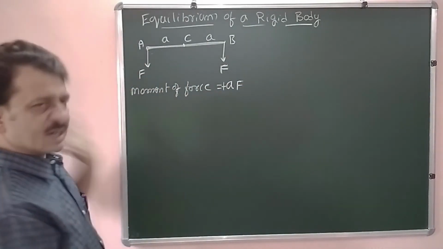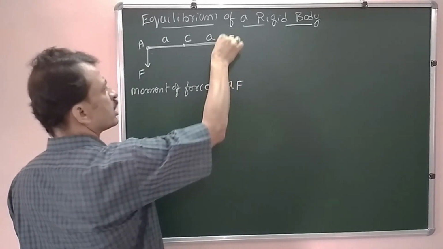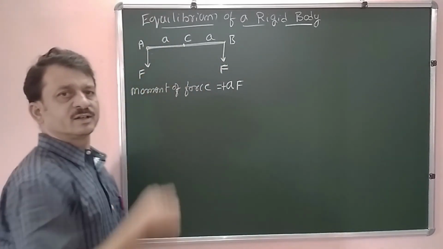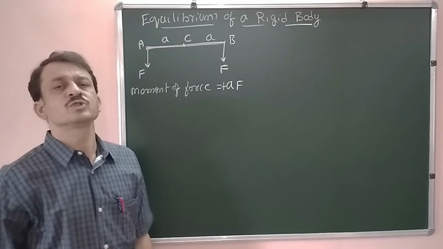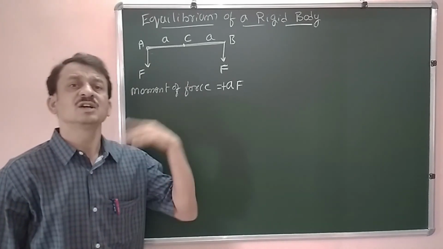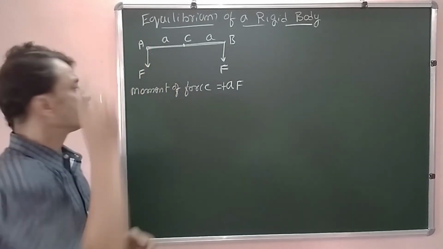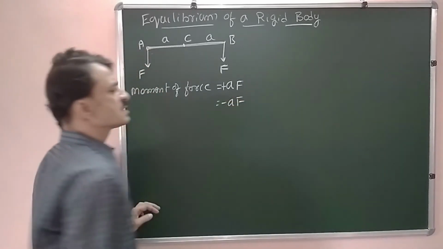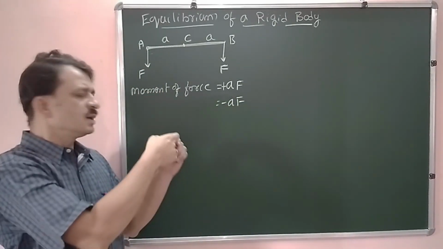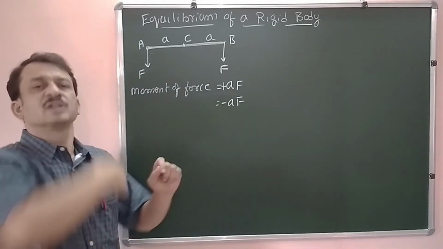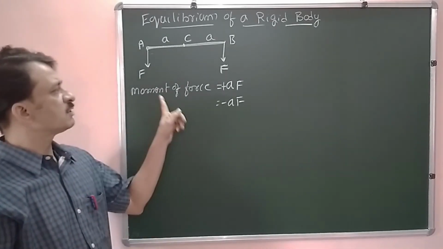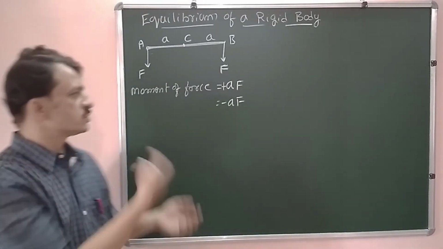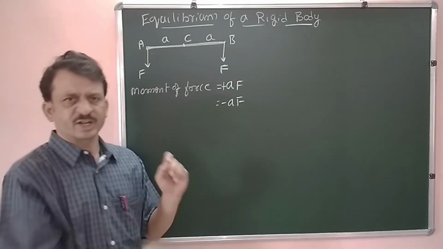Assume that there is no force here, only a force acting at the point B. Now this force is going to rotate the rod in the clockwise direction, producing a moment of force in the clockwise direction. Therefore, the moment of force due to this force is taken as negative, because it is rotating in the clockwise direction. We are choosing the sign convention: anti-clockwise is taken as positive and clockwise is taken as negative.